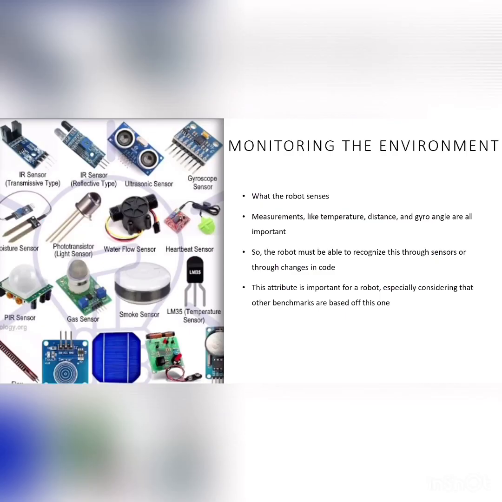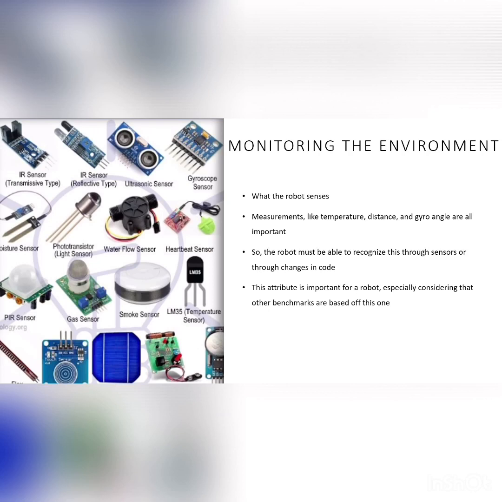So let's start. Monitoring the environment. This is what the robot senses when moving around. For example, measurements like temperature, distance, and gyro angle are all important. So you need to be able to monitor the environment. Over here, I've shown on the left some sensors, because sensors are the key way to monitor the environment, like an ultrasonic sensor or a heartbeat sensor, which detects how fast your heart is going.